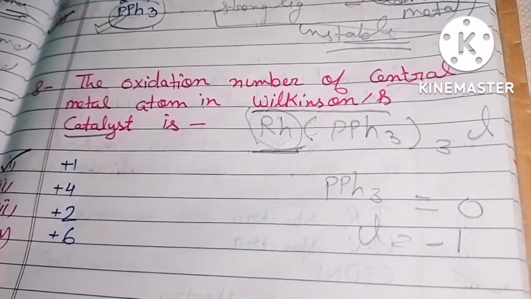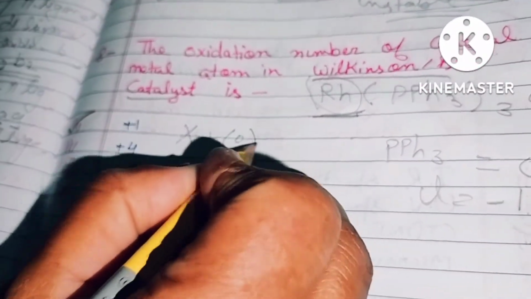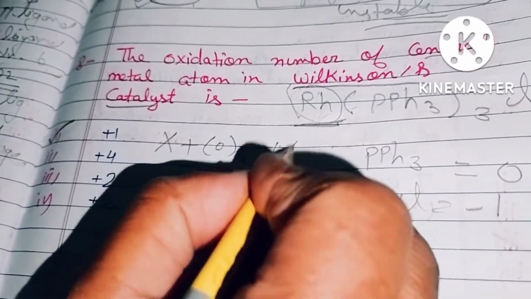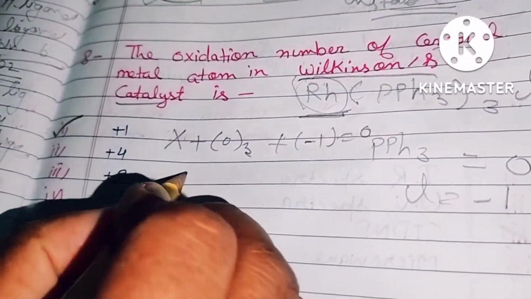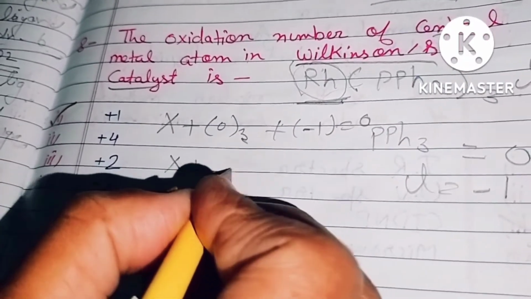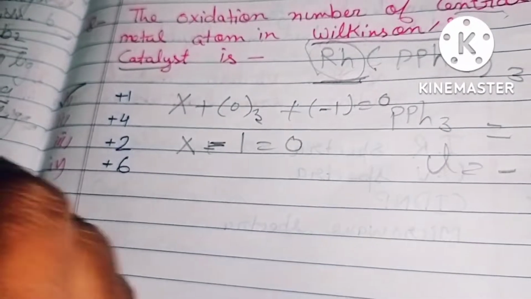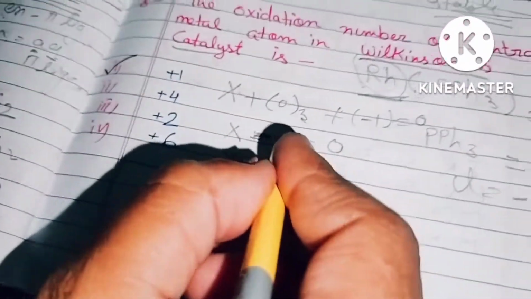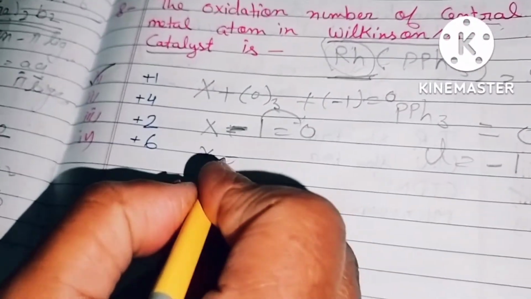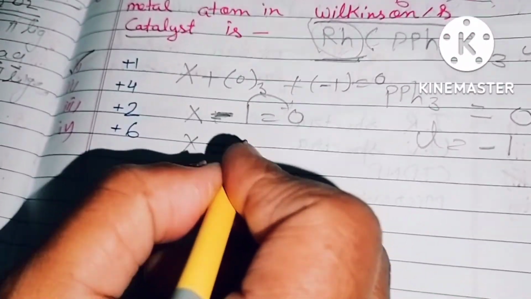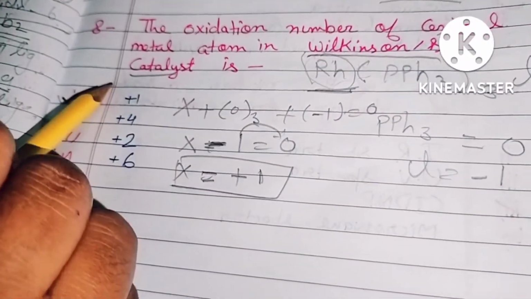We put these oxidation numbers: Rh is x plus 3 times 0 plus (-1) equals 0. So x plus 0 minus 1 equals 0, and x equals, shifting it across, the negative charge becomes positive, +1. The right answer is 1.